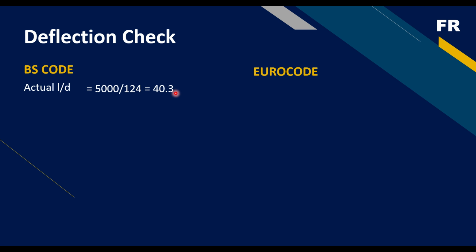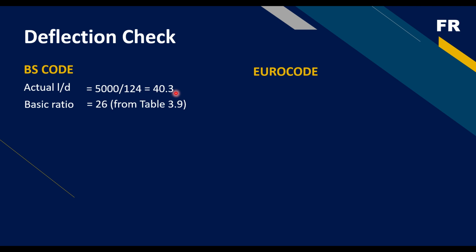So what the code is saying is that this actual ratio must always be less than the limiting ratio for deflection to be okay. If it is greater, it will fail deflection. So now we need to know our basic ratio. The basic ratio according to the code is 26 because our slab is a continuous slab.